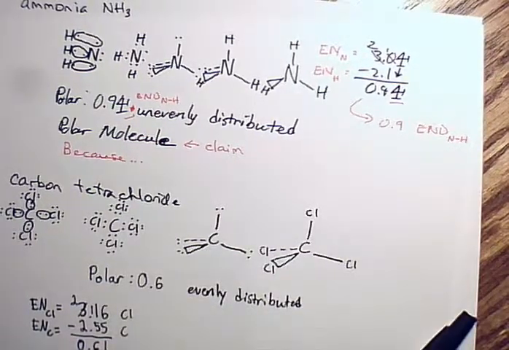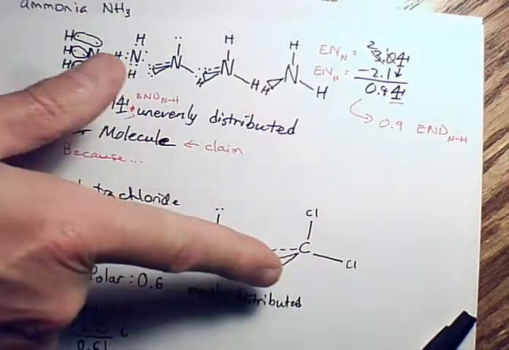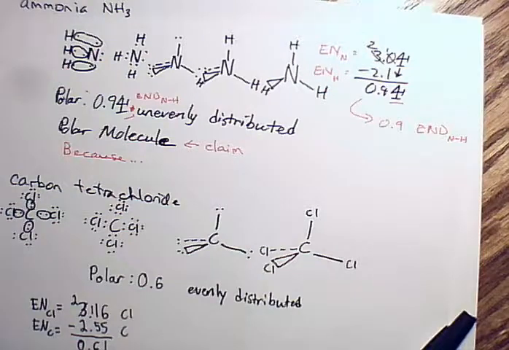All right, now, he says it's polar, but you've made a claim, but you don't have a justification. What's your justification? It's in between 0.5 and 1.5. 0.61. All right, so your claim is this is a polar molecule. That's your claim. What you have is there's some numbers and a statement, but you haven't really explained what that means.